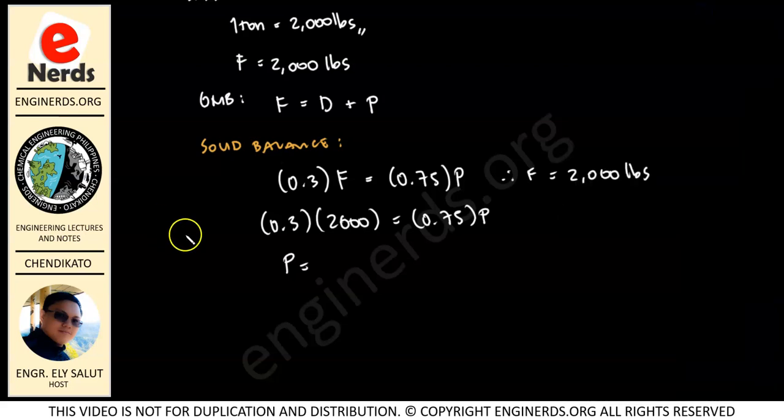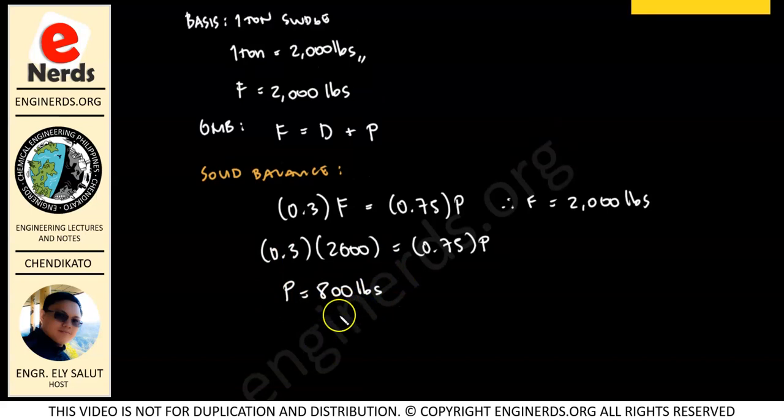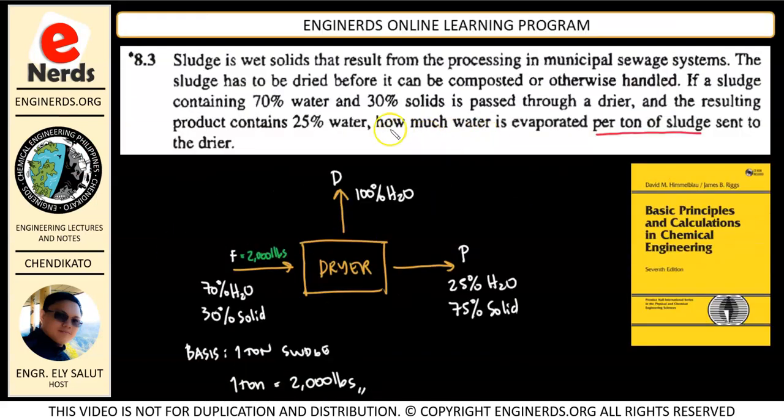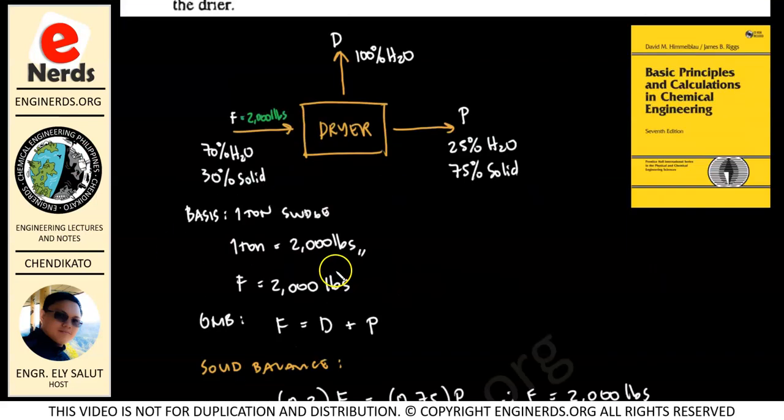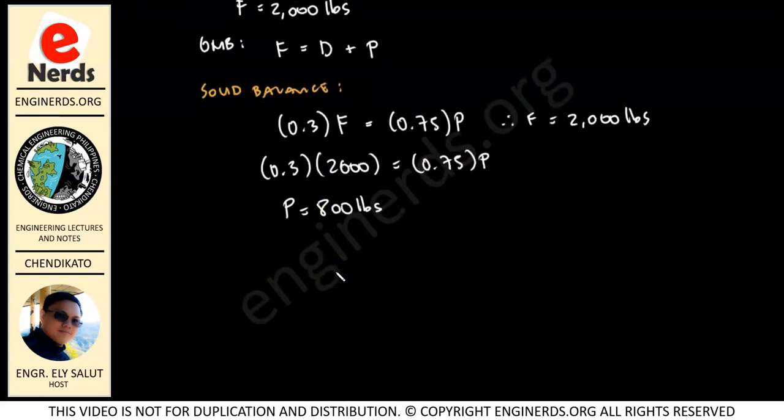Okay, so we have 800 pounds of our product. So using overall balance, makukuha na natin itong value ng D. Yun naman ang kailangan nating makuha, dahil we would like to know how much is the water evaporated, no?